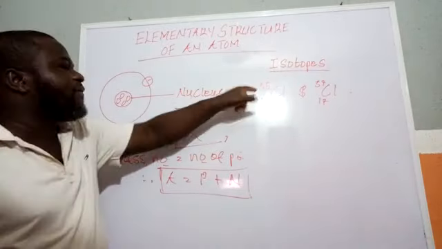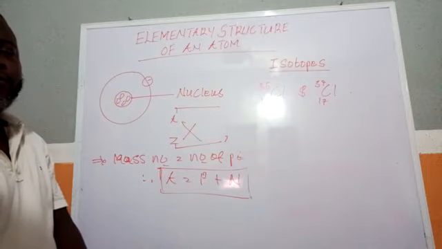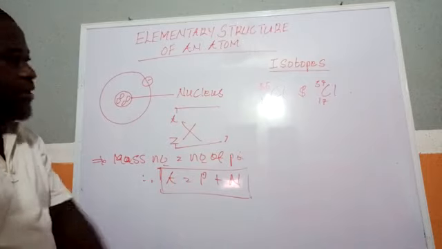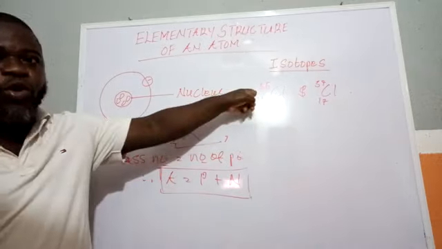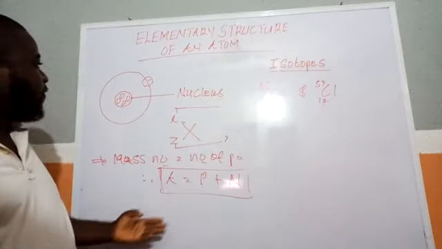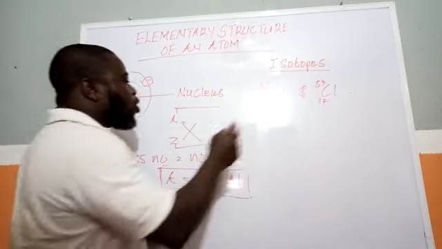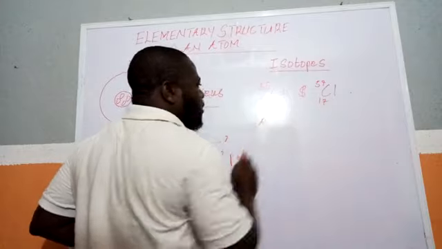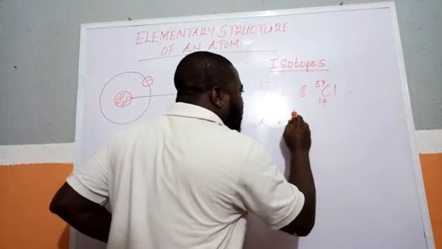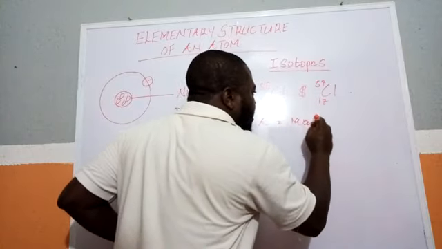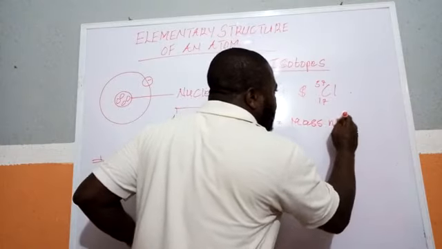Now, from the meaning of an isotope, this 35 in this case, what will you call that? From what we just explained, we call that A, which is equal to the mass number.